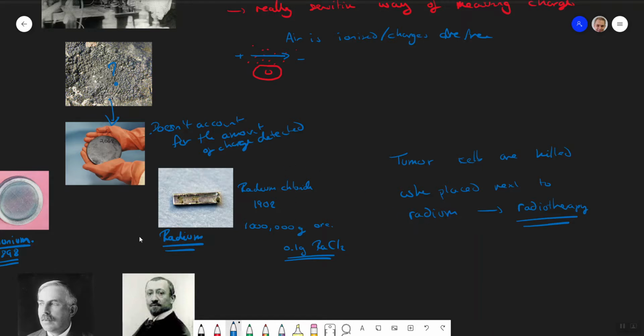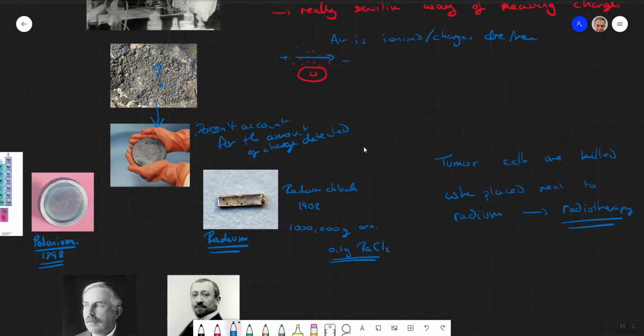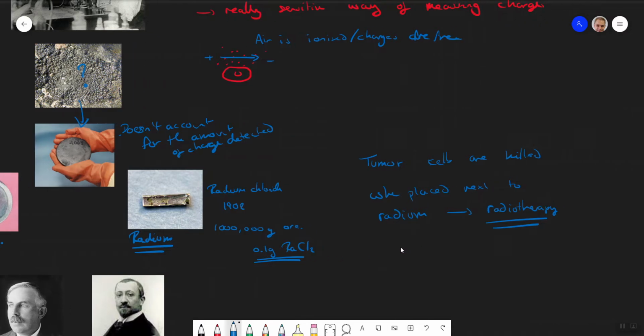Now, people didn't know at the time that obviously these things can cause cancer cells as well, because they're not hugely understood. This is still 50 odd years out from the discovery of DNA. So what they are just aware of is that you can kill things by being next to it.